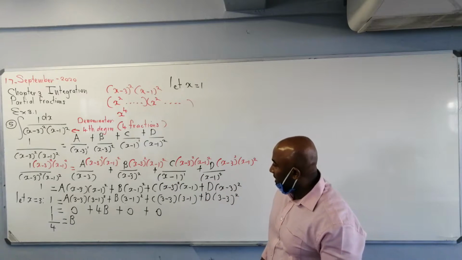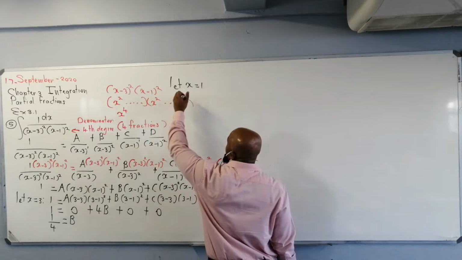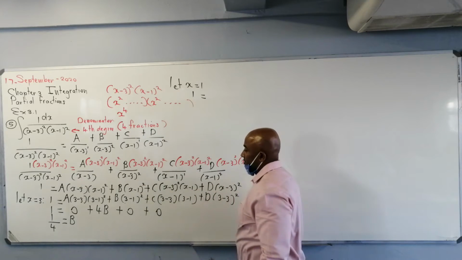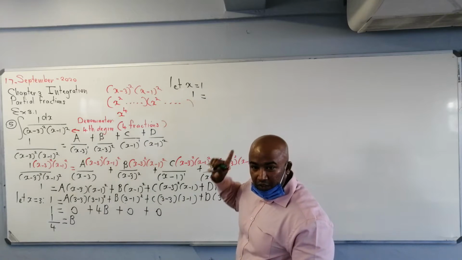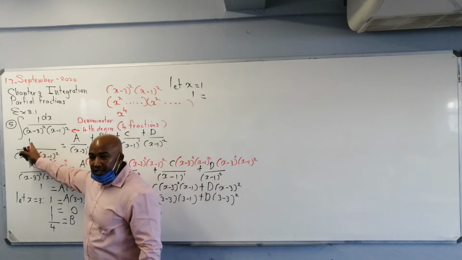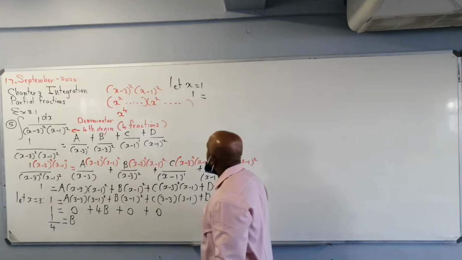So now on the left hand side, remember on the left hand side we have 1. There's nothing to do with this one here. This is the numerator. You can see that.